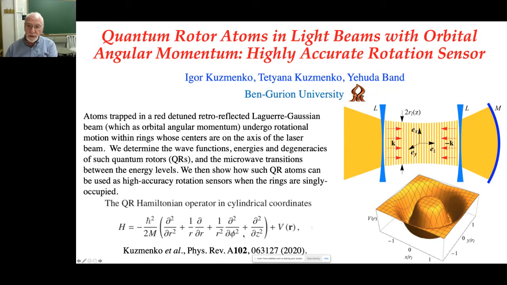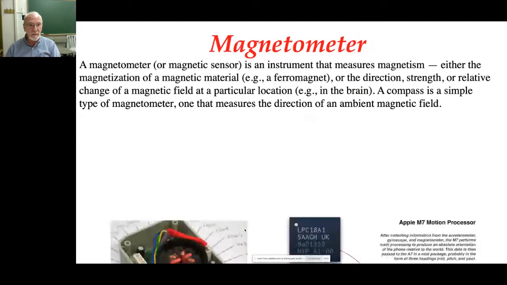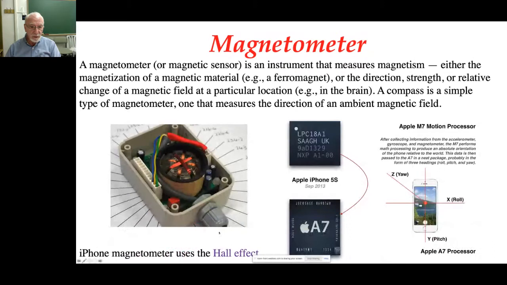And these atoms can also be used as high accuracy rotation sensors and high accuracy accelerometers. Let me first begin and say that there are magnetometers in our phone, right? A magnetometer is a device which measures magnetic fields. Typically in our phone, a Hall effect is used to measure magnetic fields.